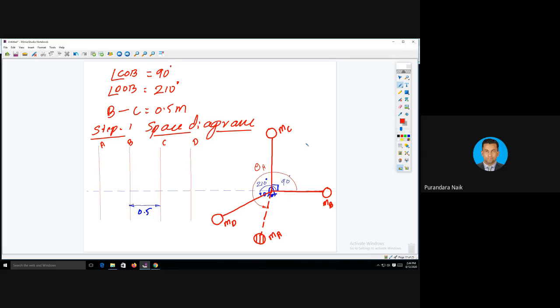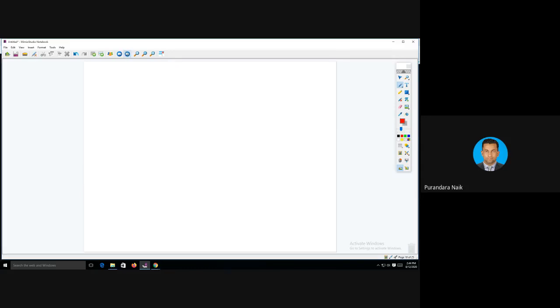Now we need to go for the next step, that is the tabular column. Step 2, table or tabular column.